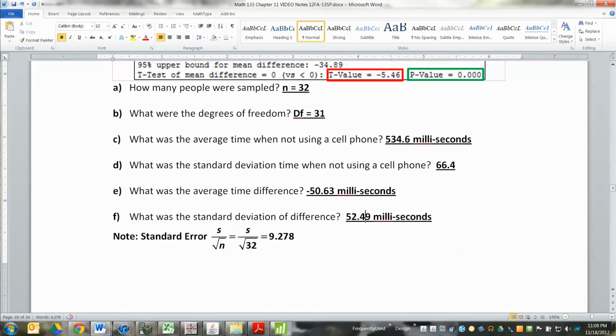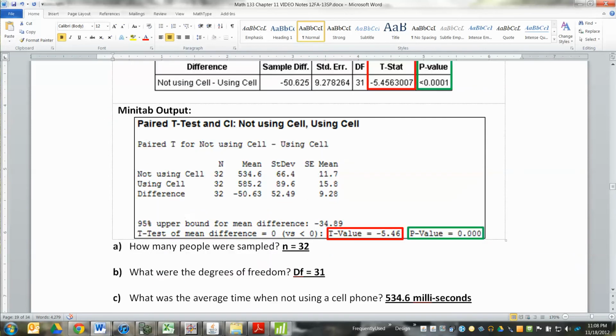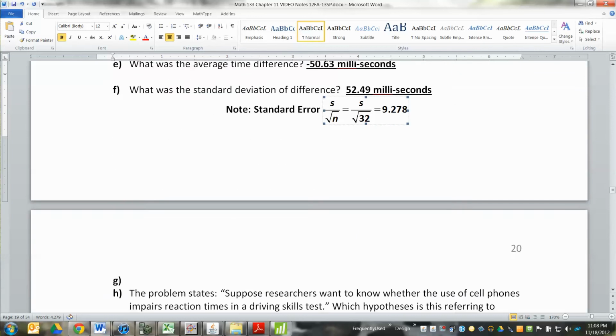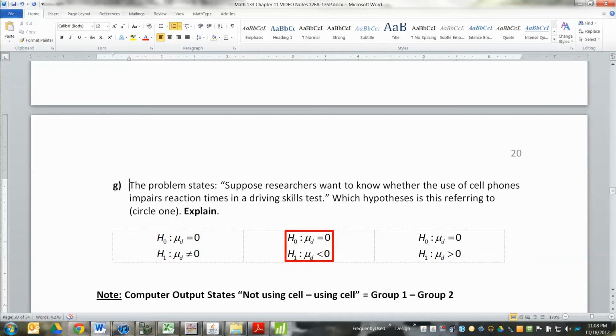So you should be able to find 52.49 for either problem. And Minitab also gives you the standard error, 9.28. See it right there? So that's the S over the square root of n part, and the standard deviation is just the S part.